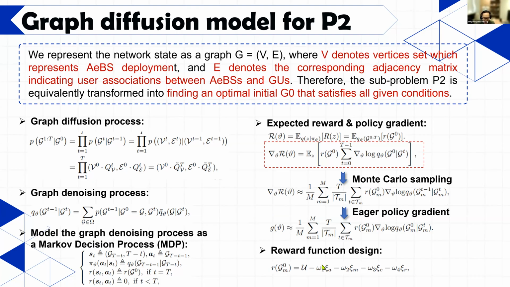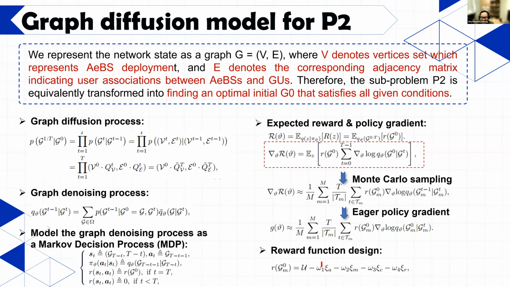After we explore the different options, we employ the graph denoising process to find the solution that meets all the constraints and generates the graph that maximizes the objective function. Even though we are formulating the problem as graph generation, we are still able to model the graph denoising process as a Markov decision process, so that we can use the denoising network to replace the actor-critic network in traditional deep reinforcement learning.